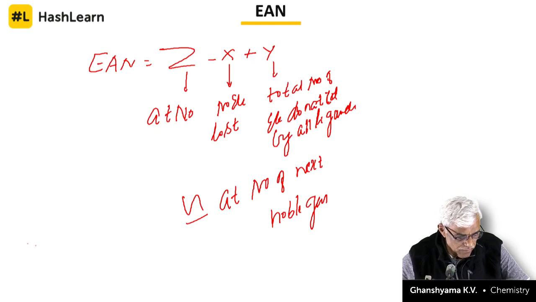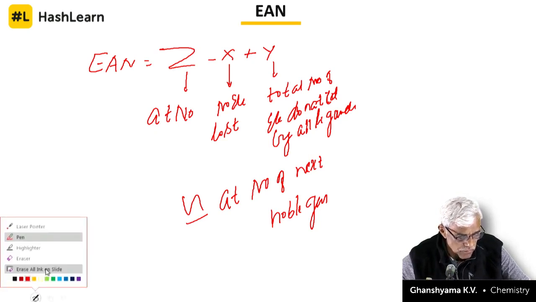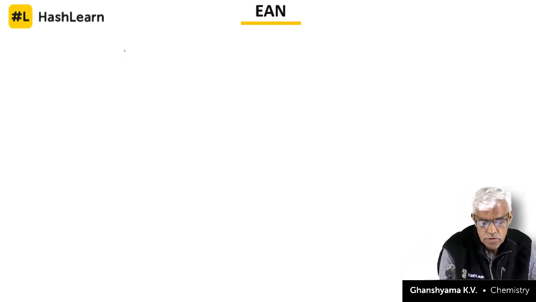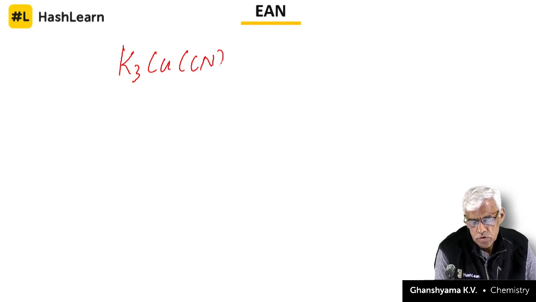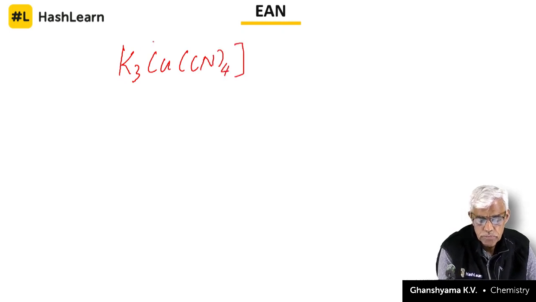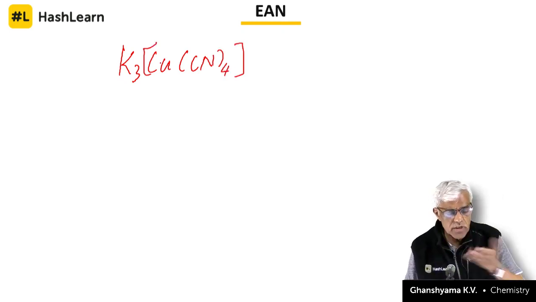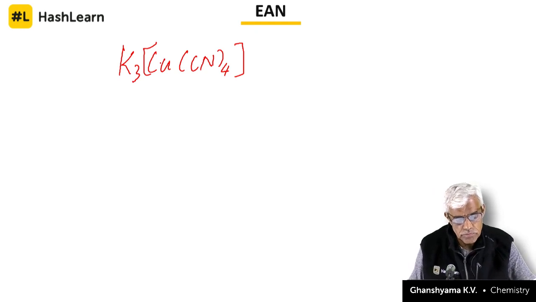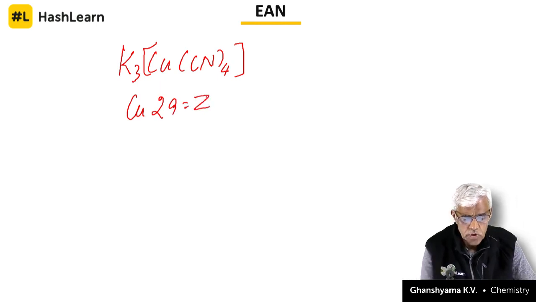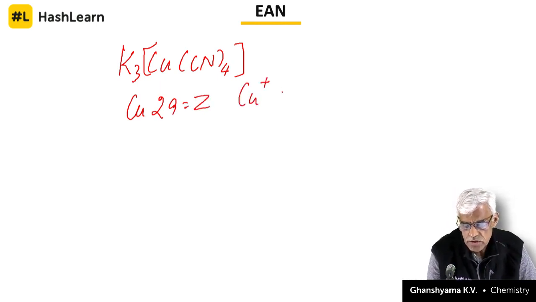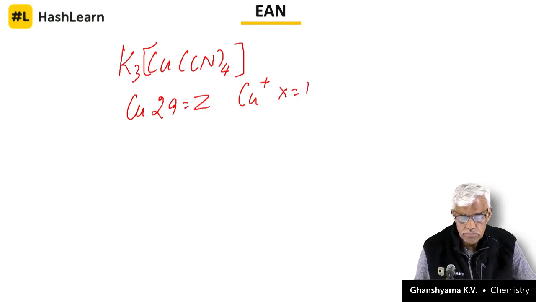Now we shall calculate one or two more. K3[Cu(CN)4]. Copper, atomic number 29, that is Z. Here copper is present as +1, therefore X is equal to 1.